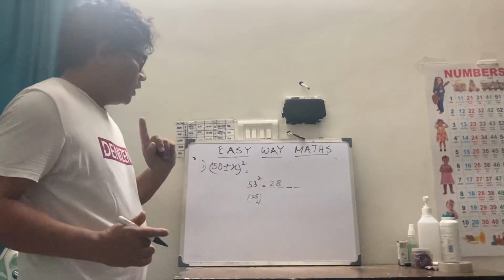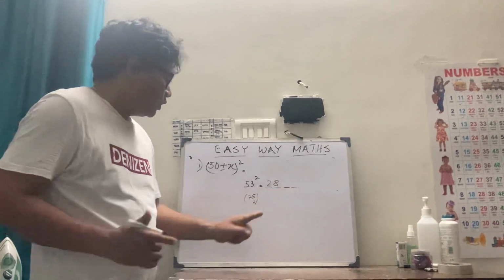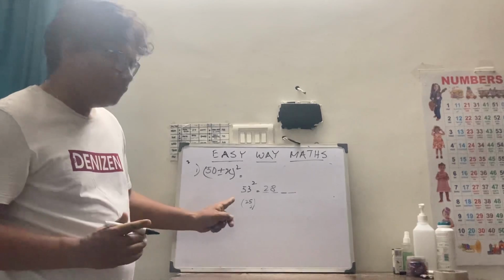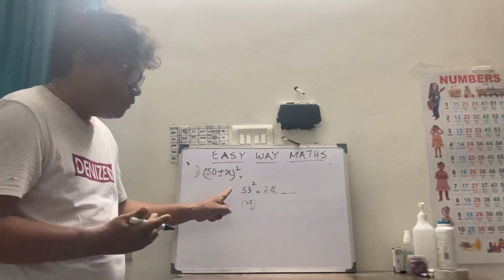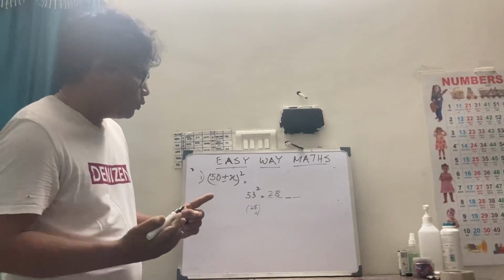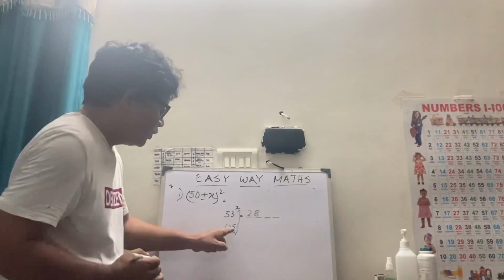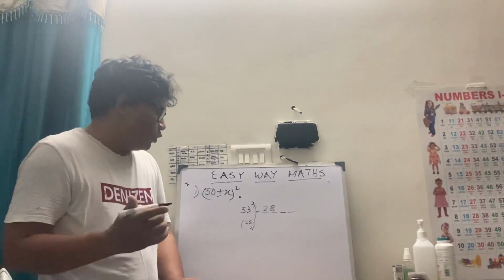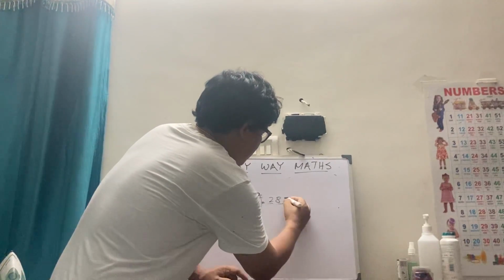The last two digits, that is the tens place and units place, are going to be contributed by the square of the number which is in excess of 50. 53 is more than 50 by 3, so we will take the square of this 3. 3 square is 9. As it is a single digit number, we're going to put it as 09.